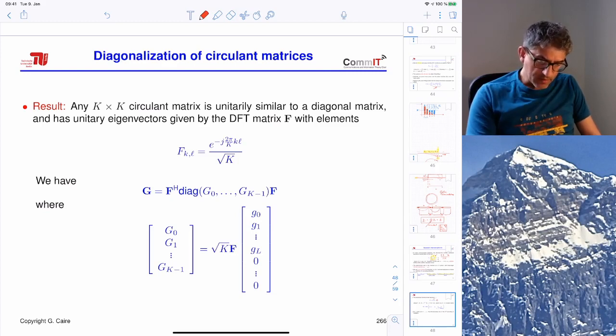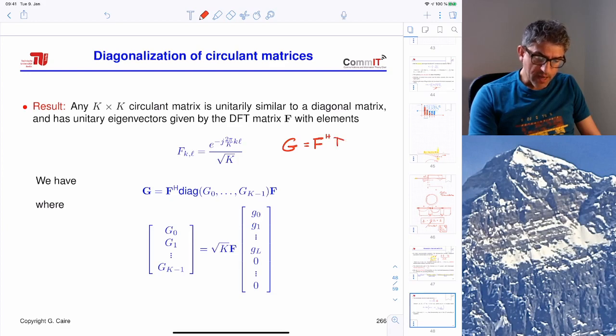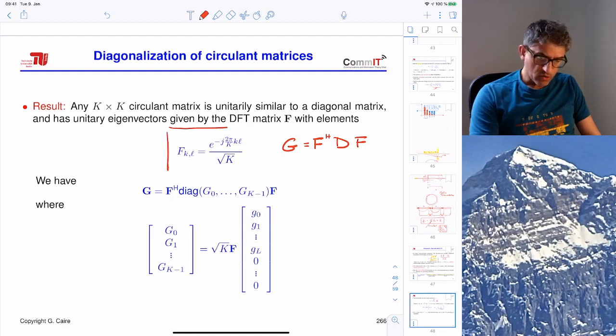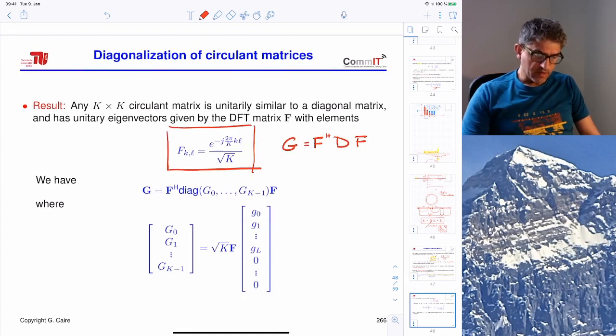Unitarily similar means that we can write G as unitary matrix transpose times diagonal matrix times unitary matrix. And this unitary matrix that makes this diagonalization, the matrix of eigenvectors of G for every circulant matrix, is just the so-called Fourier DFT unitary matrix that contains the elements KL given in this form.